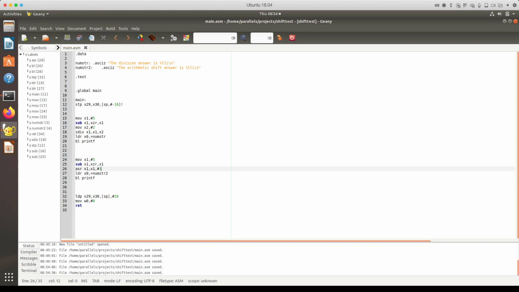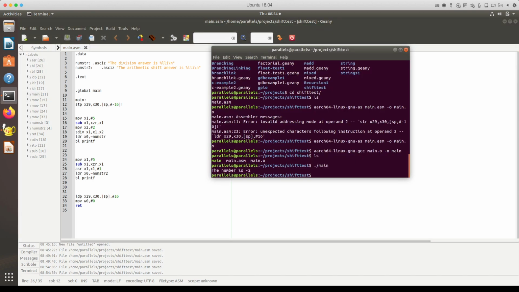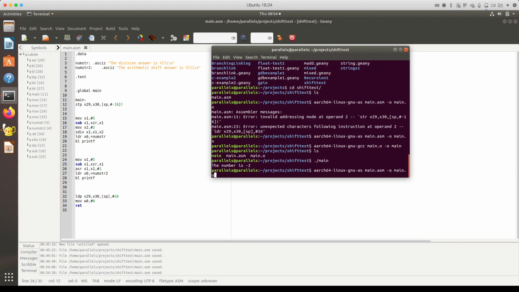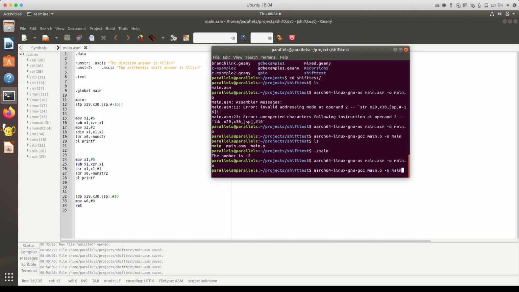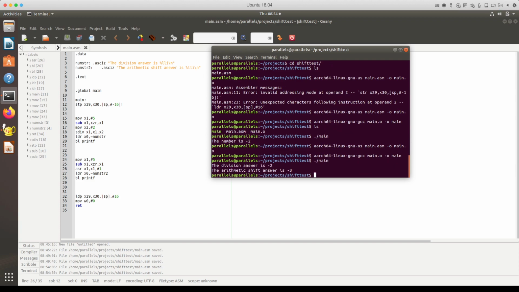Okay. All right, so let's reassemble it and see what we get. Symbol, link, execute. Aha. It's exactly what we thought. Or exactly what we deduced, because we're smart like peoples.